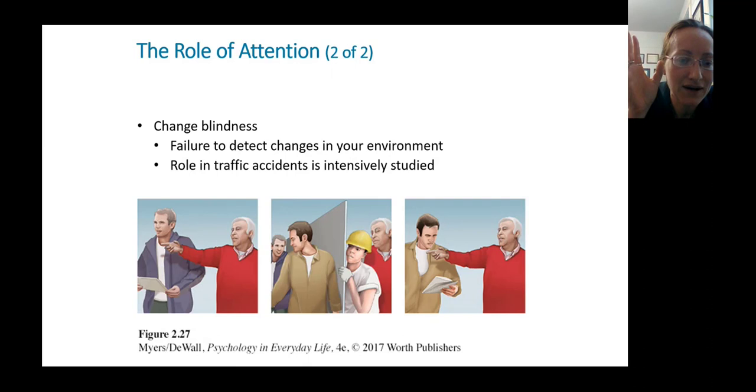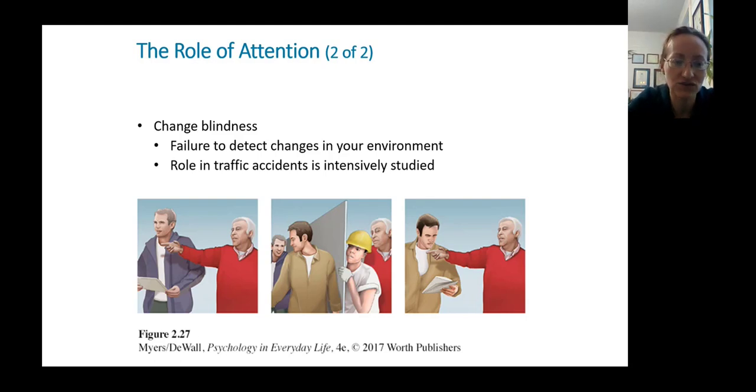So there's an experiment where the researchers had a research assistant go up and talk to somebody to ask for directions. And so this is the unwitting research subject who is giving directions to the person. And then another research assistant who's dressed as a construction worker comes through carrying some piece of drywall.